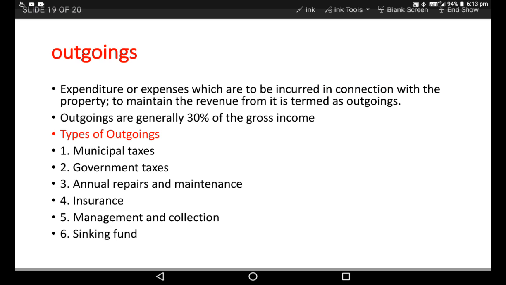Outgoings. Outgoings are the expenditures or expenses which are to be incurred in connection with the property to maintain the revenue from it. Outgoings are generally 30% of the gross income. So there are six types of outgoings.